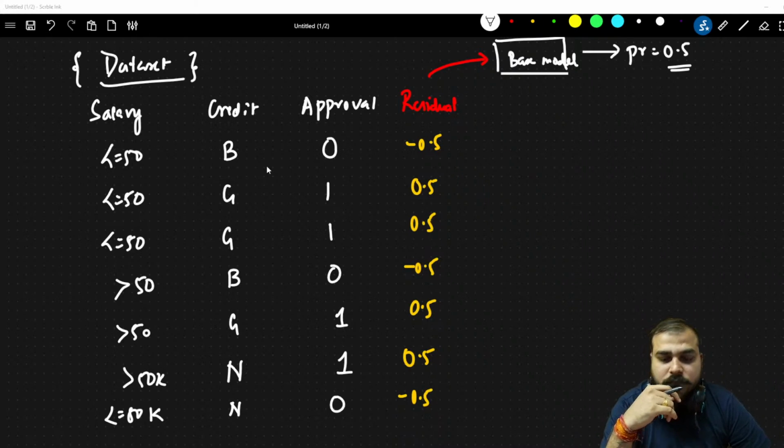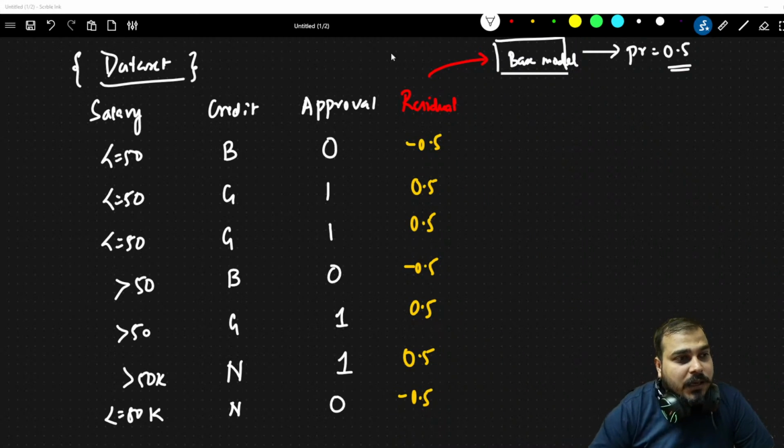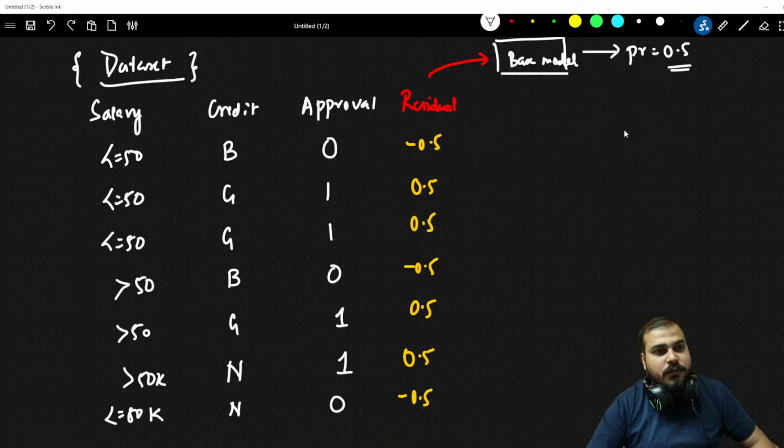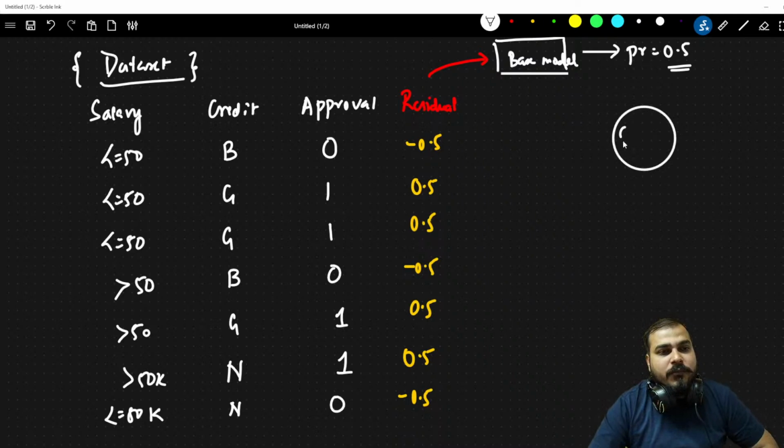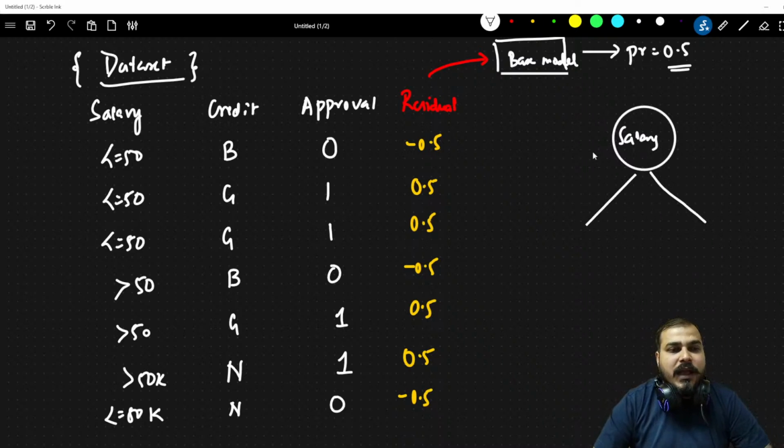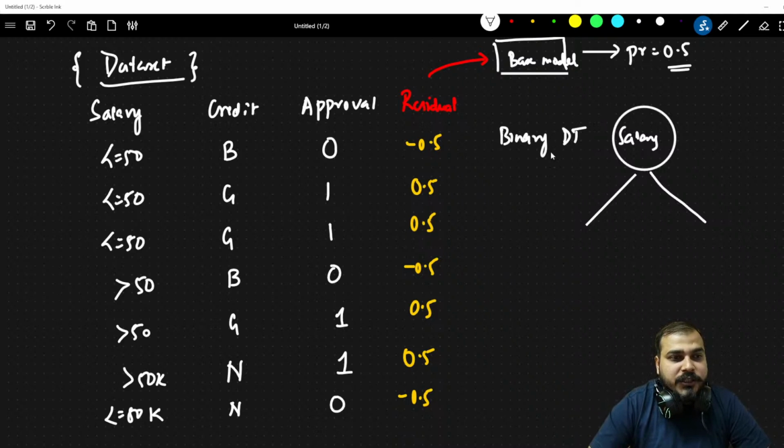Okay, perfect. Now let's go ahead and construct the decision tree. As I said, let's consider the salary feature. Based on the salary feature, I am going to take this as my node and split it up. And remember, whenever we are creating a decision tree, in this particular case it will be a binary decision tree.